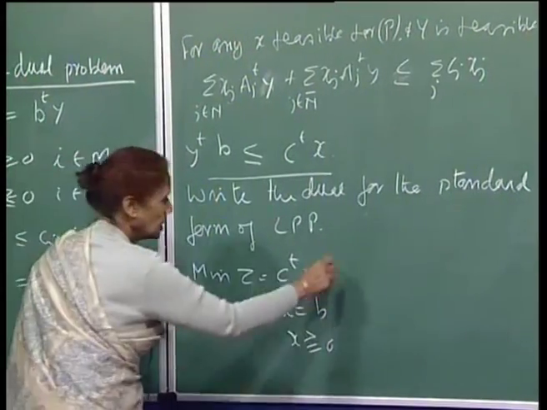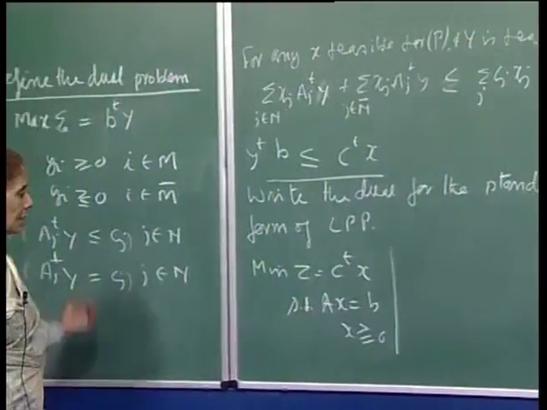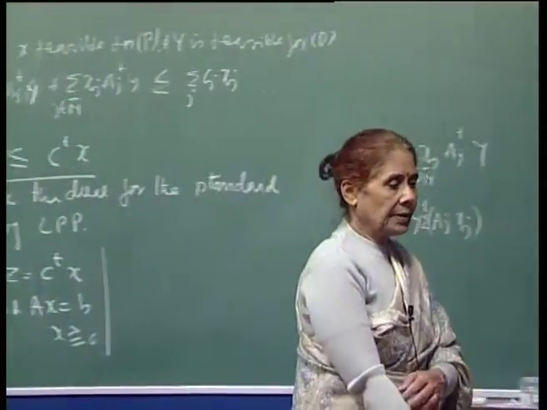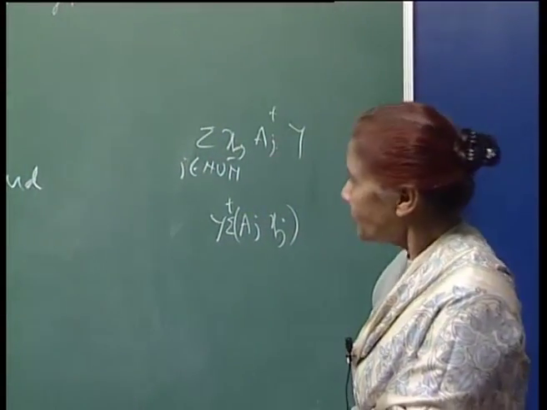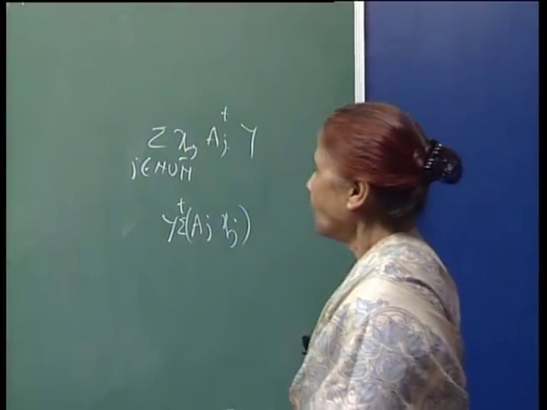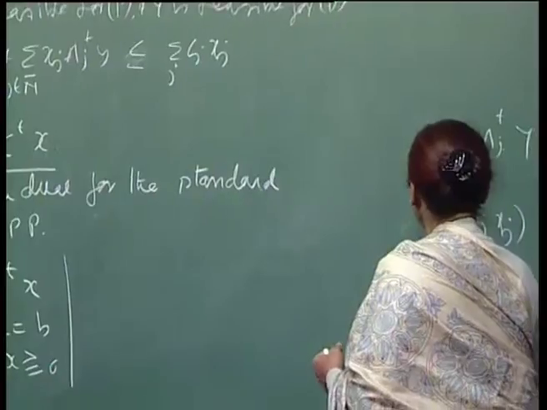So, please do it and we can check it in the next lecture. I just took the general form to demonstrate to you how the dual problem can be formulated in the most general case.